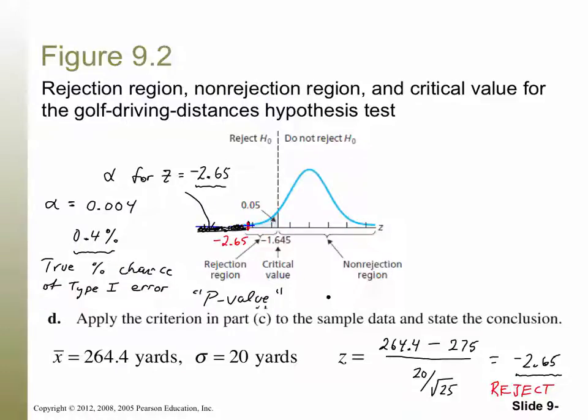So the p-value is the significance level associated with the actual z-score that you get from the sample. By getting that z-score that was much, much more negative than negative 1.645, we're much more confident than just 5% significance. We're confident to less than half a percent now that we made the right decision by rejecting. Does it make sense?